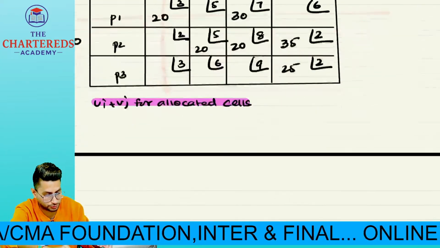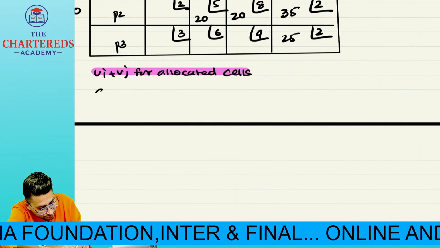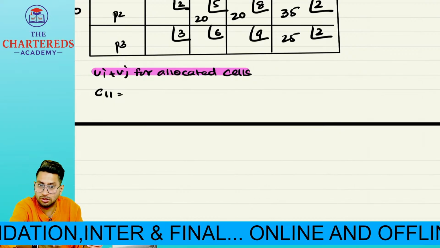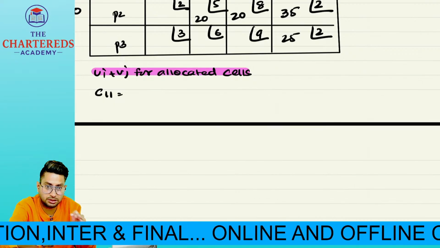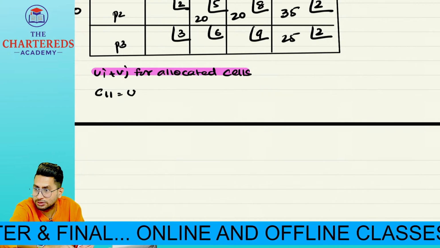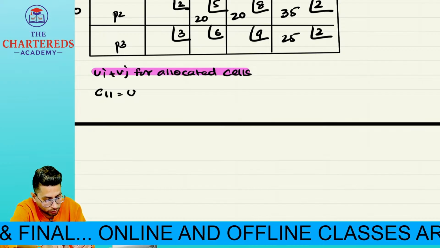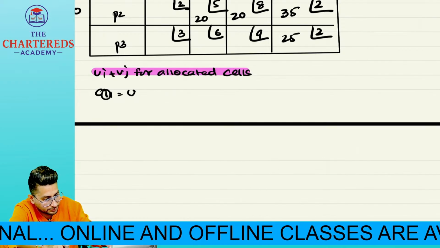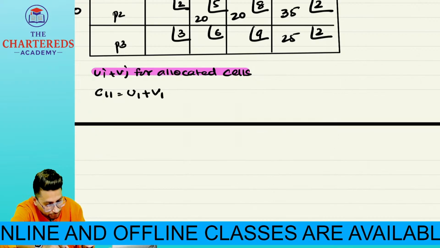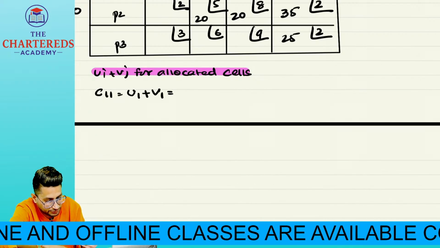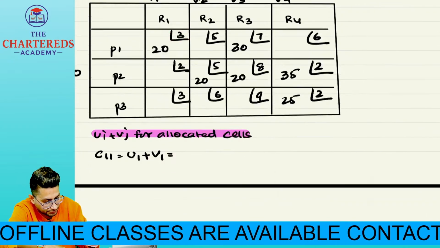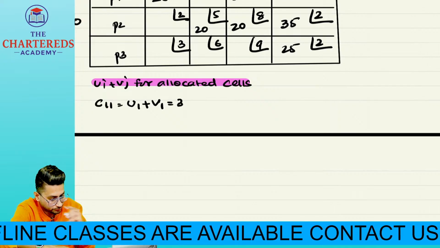How can I write it as? C11. C11 means first row, first column. And convert this into UiVj format. U means row. What is the row number? Row number is 1. Column number is also 1. Is equal to, how much is the cost here? 3.